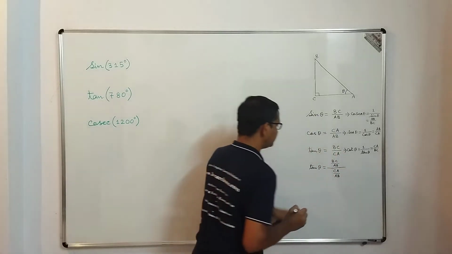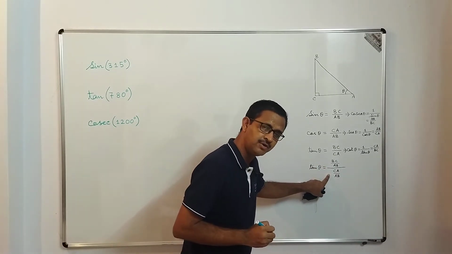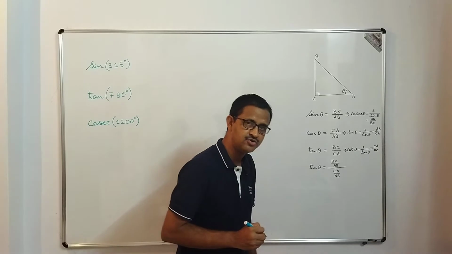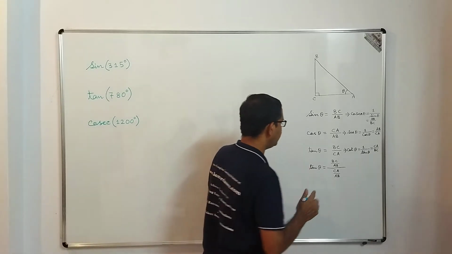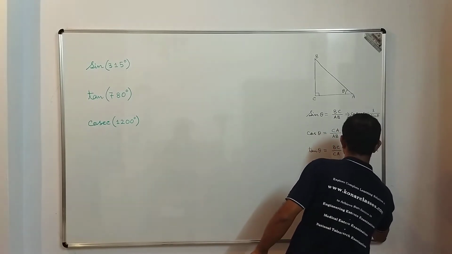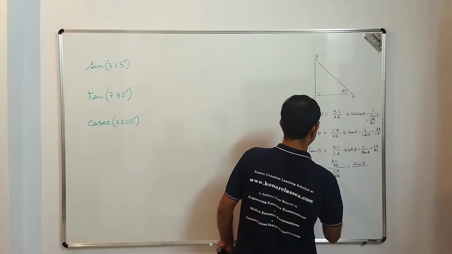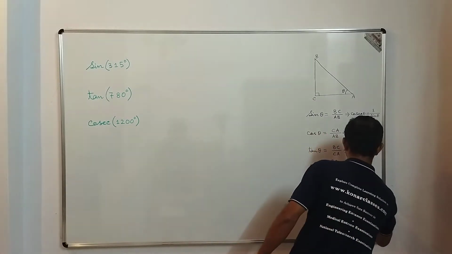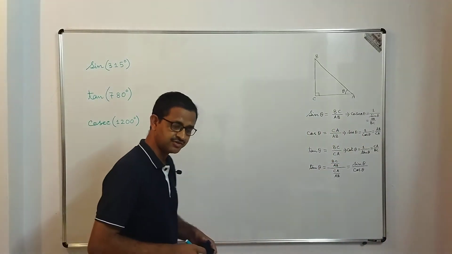That means both numerator and denominator we divided by AB. And how are we able to divide by AB? Because it is not equal to 0. AB is the length of a side, it cannot be equal to 0. So we are able to divide. Now BC by AB is sine theta, and CA by AB is cos theta. So tan theta is equal to sine theta by cos theta.